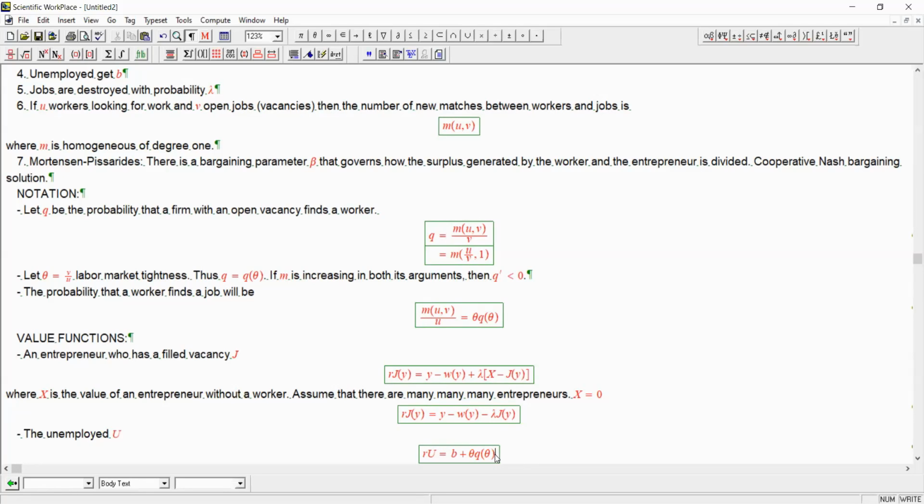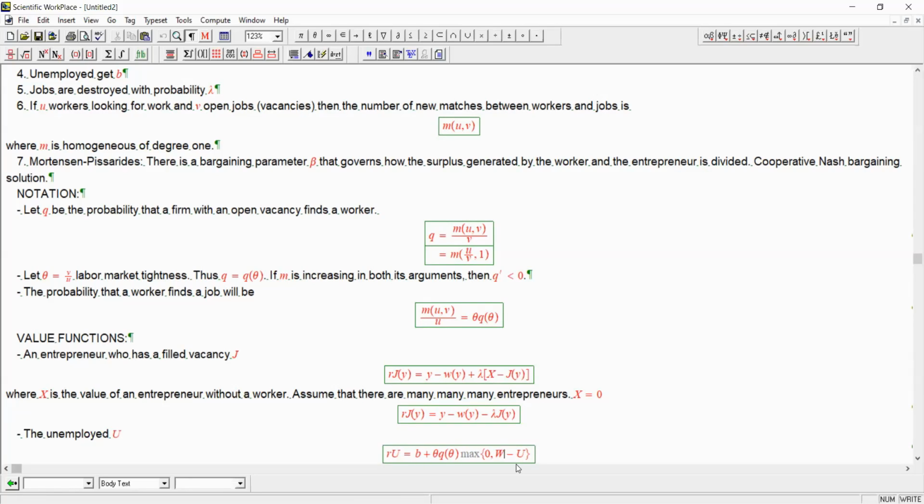If they don't take a job, then they stay in the state of unemployment U. And of course, what that means is that the change in their state could equal 0 if they decide to stay there, or if they decide to take the offer, they will lose their status as an unemployed person, but they will gain whatever value there is from being employed with a firm, with an entrepreneur that's producing output y.